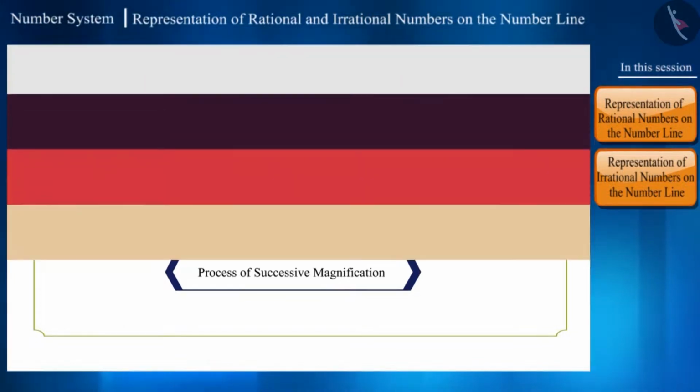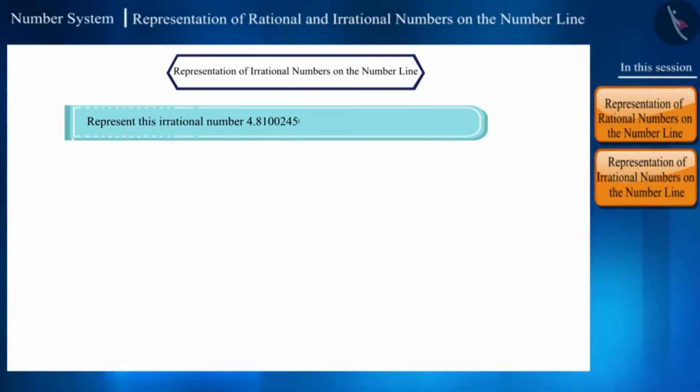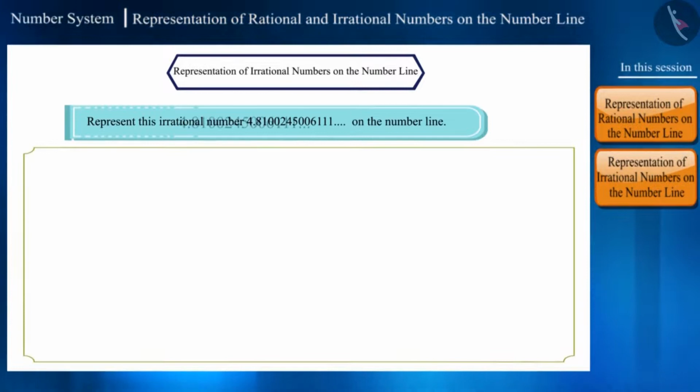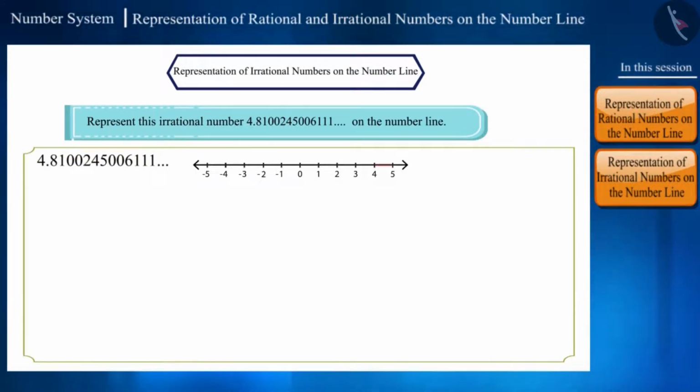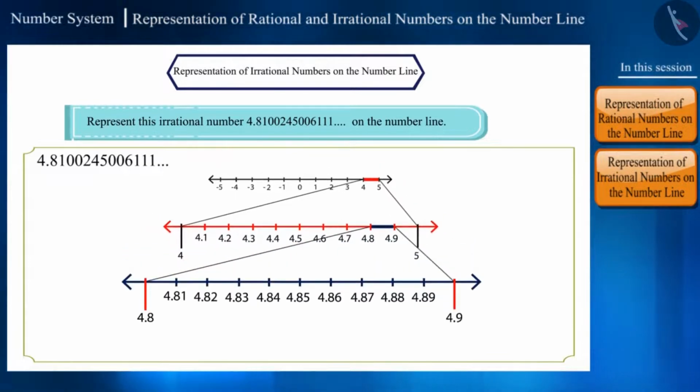Let's take an example. Represent this irrational number 4.810024500611 on the number line. This number will lie on the number line somewhere between 4.81 and 4.82.